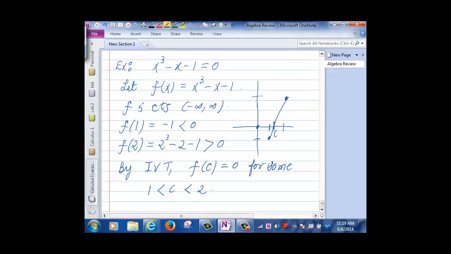So here's 1 and here's 2. At 1 the value is negative, at 2 the value is positive, so there's got to be a value c in between 1 and 2 where the value of the function must be 0. Is that making sense? Alright.